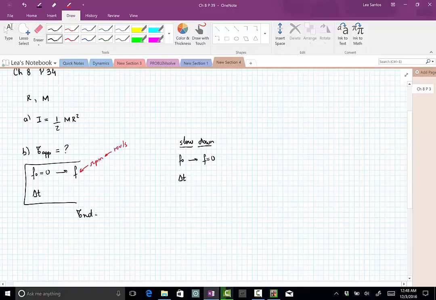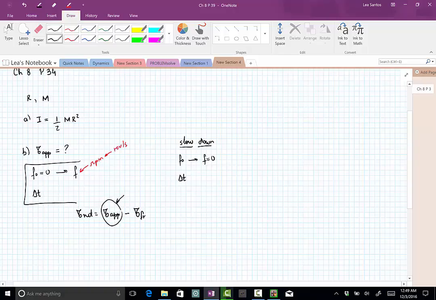The net torque is the applied one minus the friction torque. Okay, so let's try to find what is the friction torque and what is the net torque. If we find both, then we will be able to find our unknown, which is this one. That's the question of the problem. What is the applied torque?